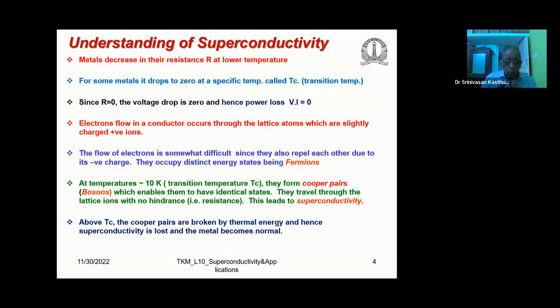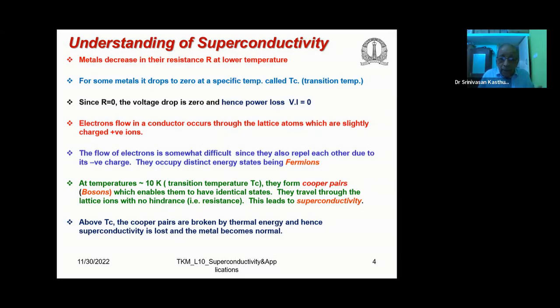The pairs are such that they do not have any interaction with the lattice. In the theoretical formulation of superconductivity, people say that one electron interacts with the phonon of the lattice, and then that interaction couples another electron. So we have what is called the Cooper pair interaction with the phonons, which is causing the superconductivity.